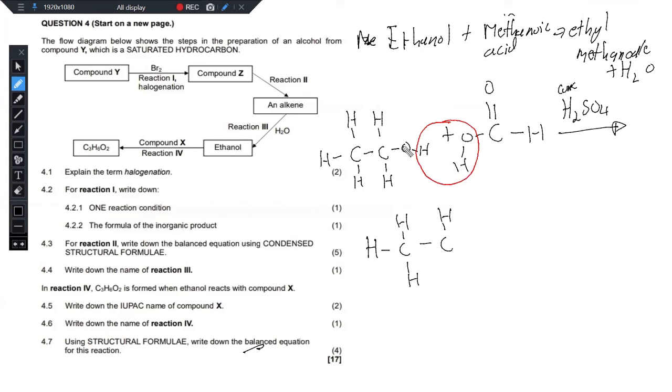So obviously now we are left with this oxygen here, which will be the divisor between the alcohol side and the carboxylic acid side. Then plus the H and the OH, that's the inorganic product that forms. So there we go. We have our ethyl methanoate. So that's the balanced equation using structural formulae.